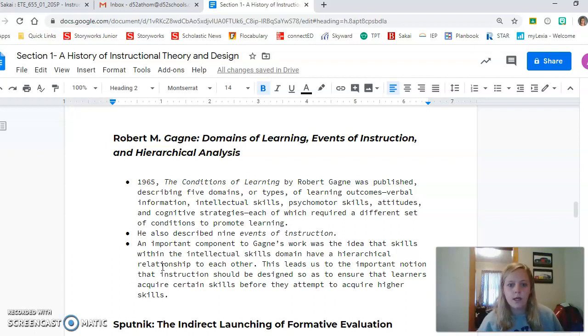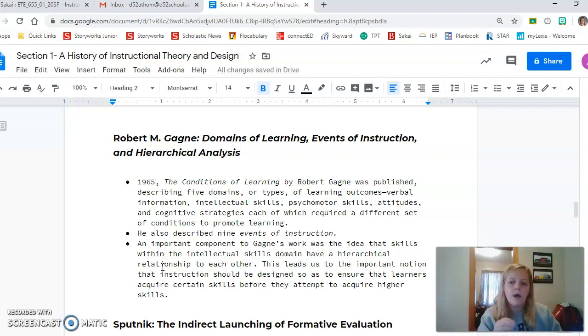An important component that I took away from that was that skills within the intellectual skills domain have a relationship to each other. So this leads us to the important notion that instruction should be designed to ensure that learners acquire certain skills before they attempt to acquire higher-level skills.